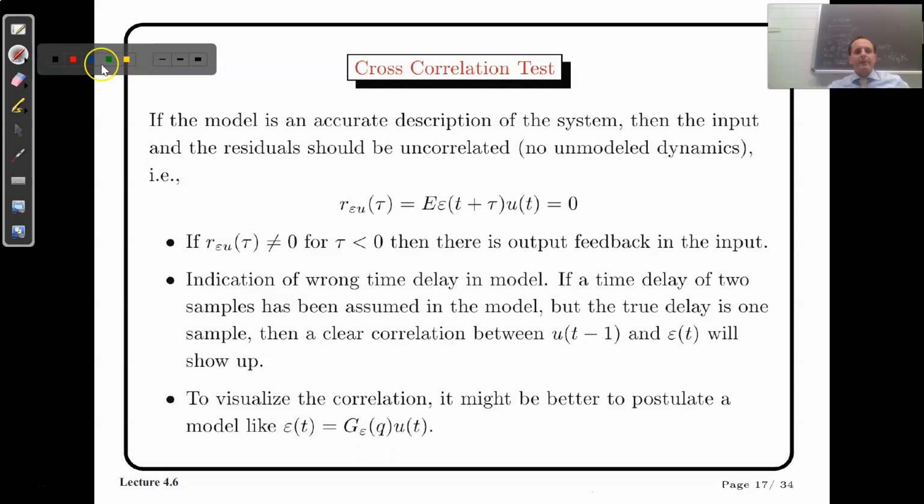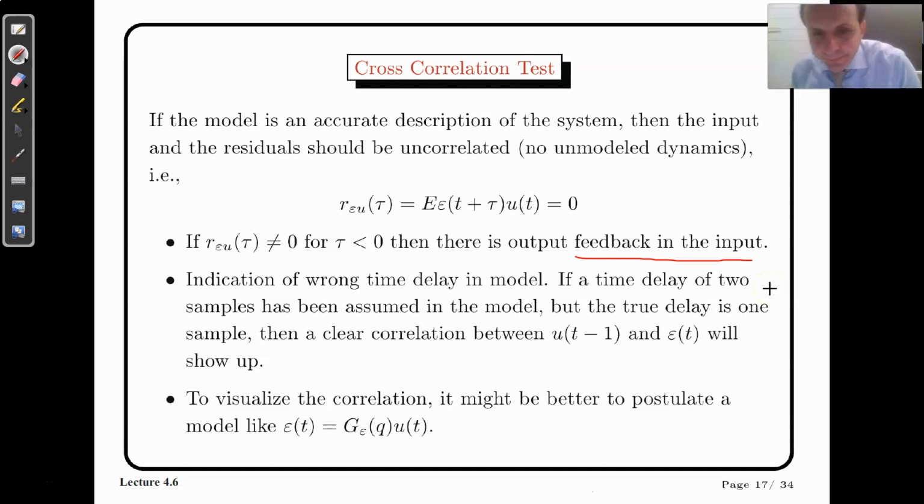A feedback is present, so you are not working with an open loop. Another indication is that if this value is different from 0, it indicates that you selected a wrong time delay in the model.